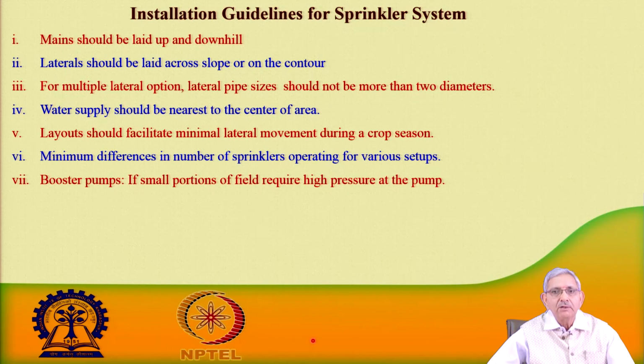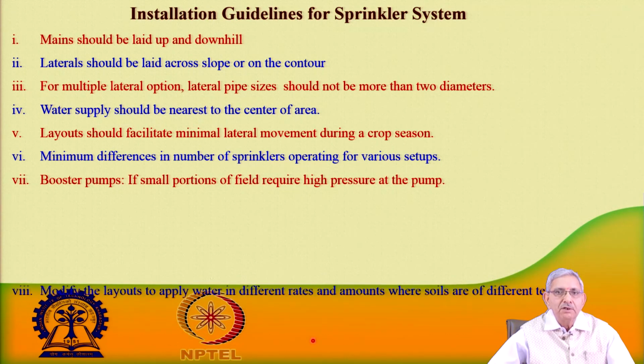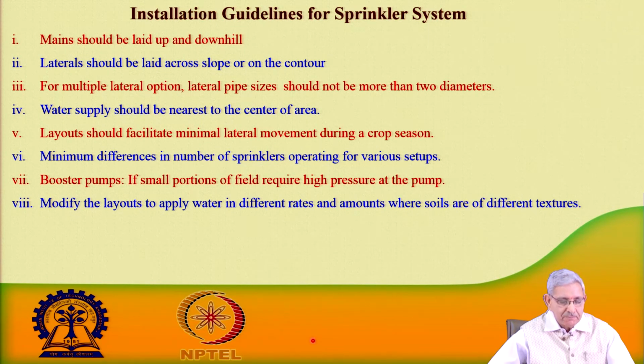Booster: if we are not able to create adequate pressure at the end of the sprinkler, then in between the pipeline a booster pump can be used in order to create adequate pressure. Modify the layout to apply water at different rates and amounts when the soils are of different texture.